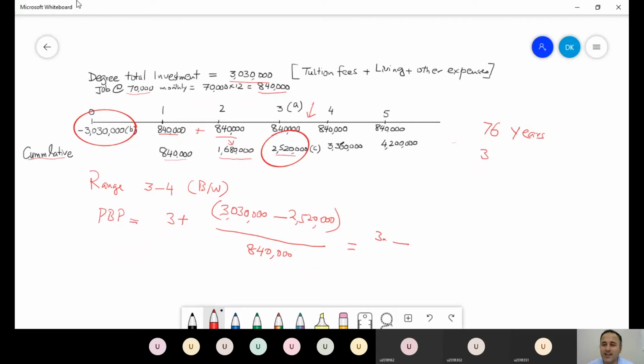Another student said 39 years. So if I'm calculating payback period and get 76, what does it tell you? It tells you that you will spend 76 years of your life to actually get your investment back.